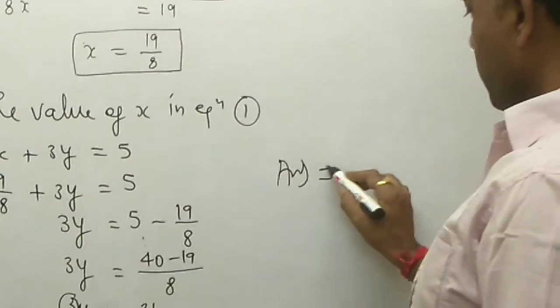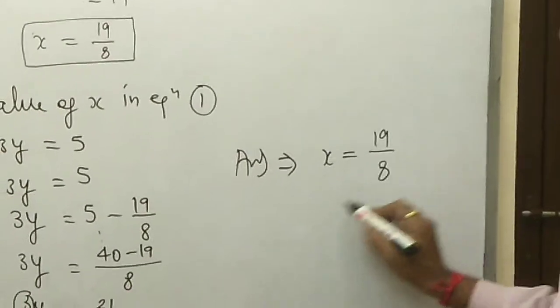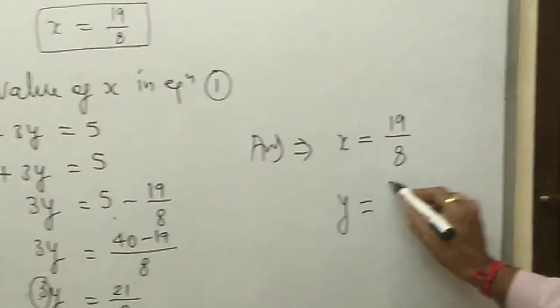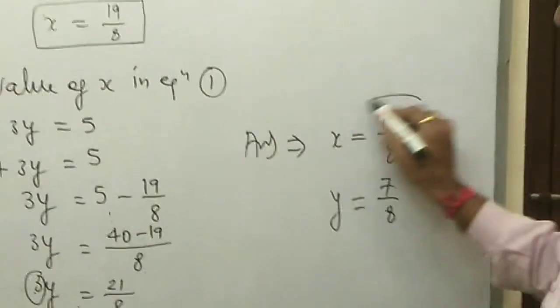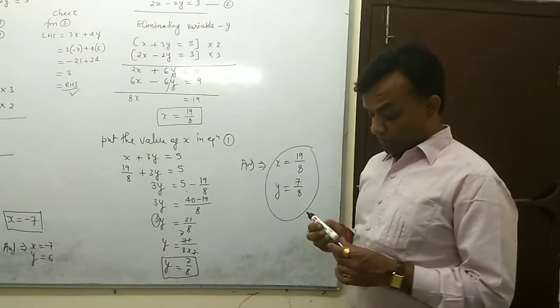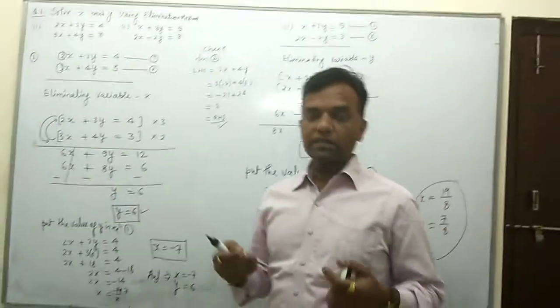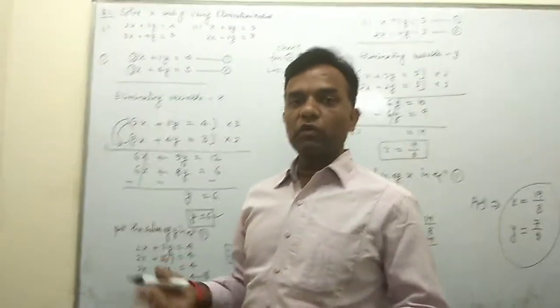So similarly write down the answer. So your first answer for x you have in the form of fractions like 19 by 8, and second value of y also in form of the fractions like 7 by 8. Okay, so you got the value of x and y in both. And now elimination method is very easy, because in which only you consider one variable, that is cancel out, and another value you find out.